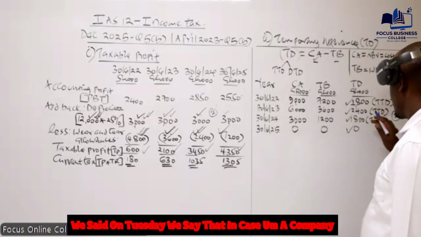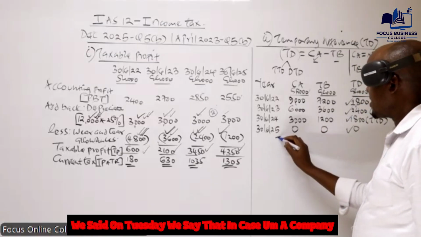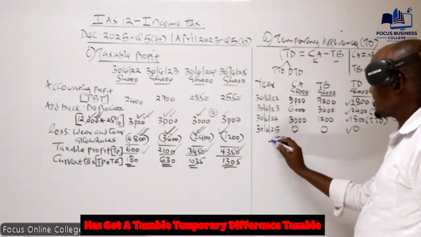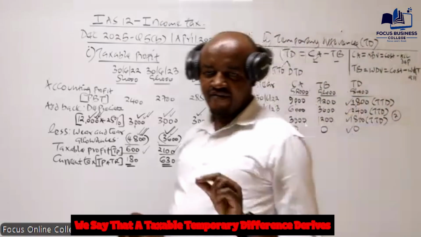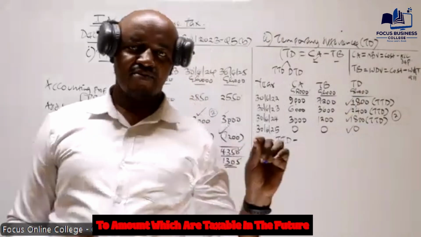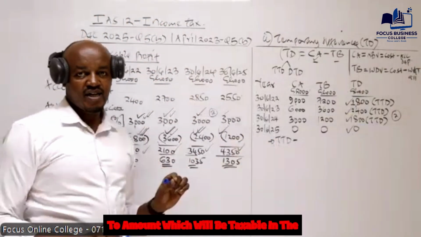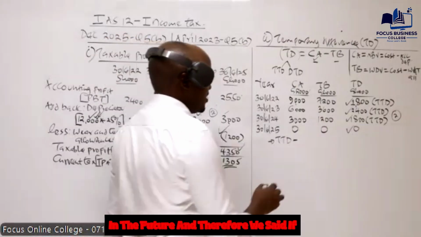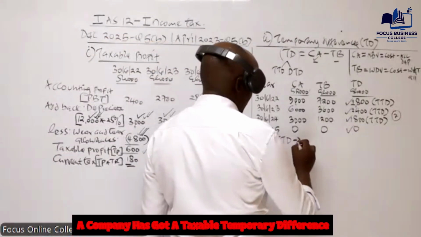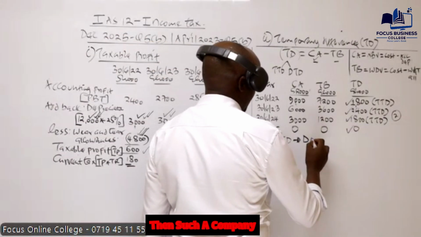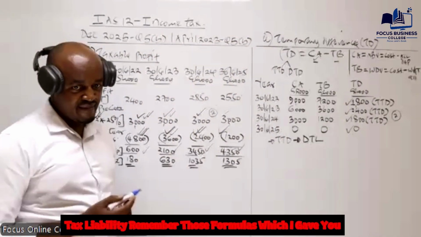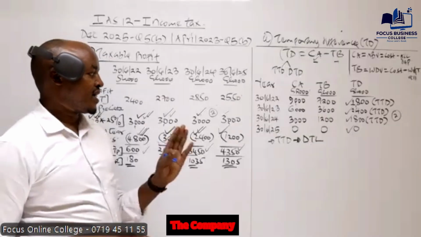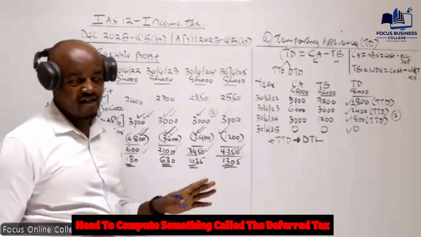We said that in case a company has got a taxable temporary difference, it gives rise to amounts which will be taxable in the future. And therefore, if a company has got a taxable temporary difference, then such a company will compute something called a deferred tax liability. Remember those formulas which I gave you.